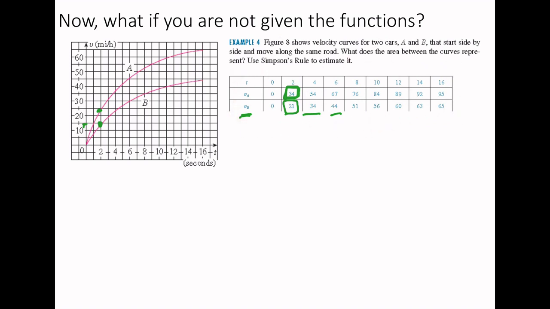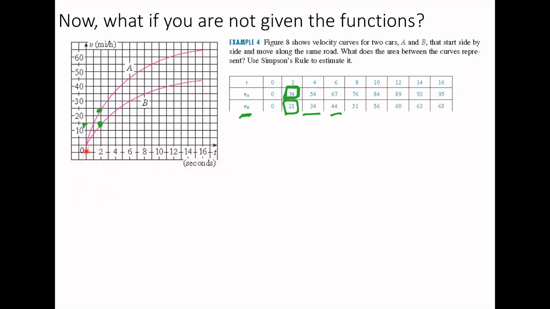Another thing to think about is for Simpson's Rule, which is going to take pretty long here, for my t values we would use 0, 2, 4, 6, 8, 10, 12, 14, 16.